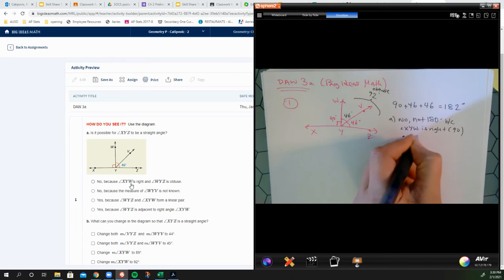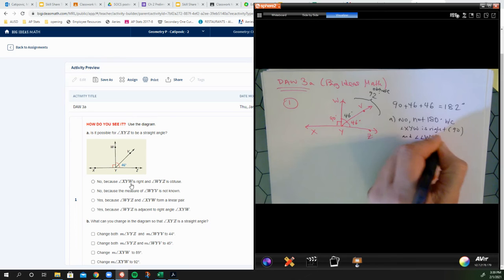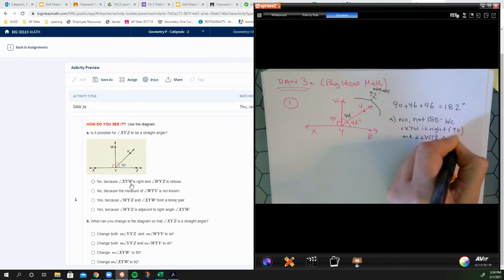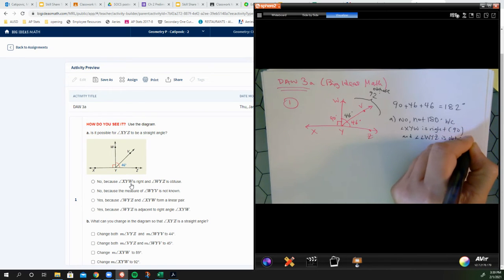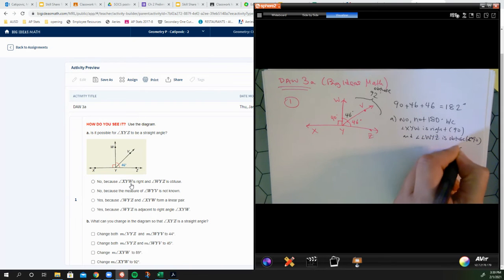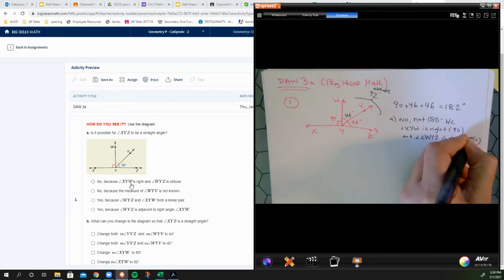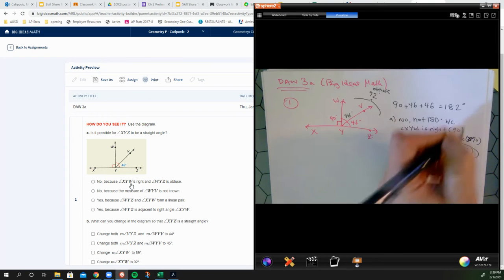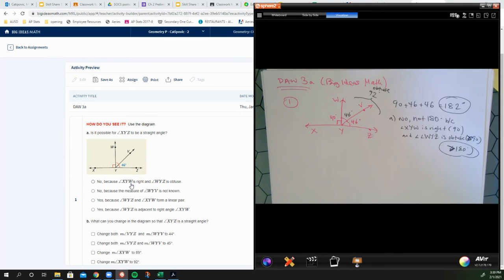And angle WYZ is obtuse, which is more than 90. So they add up to more than 180, right? That's why they're not a straight angle.